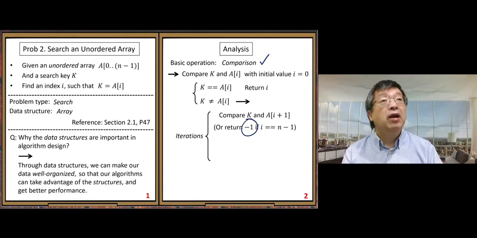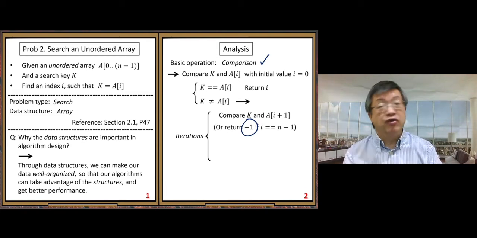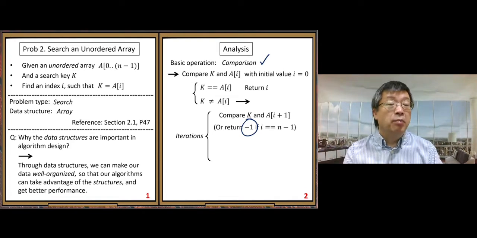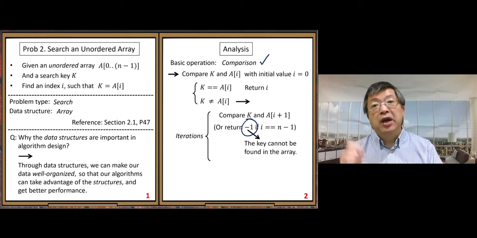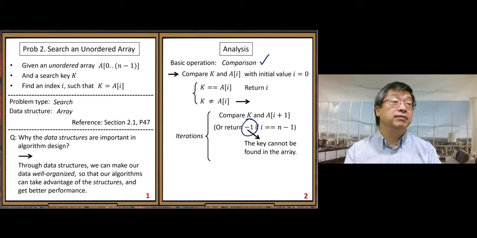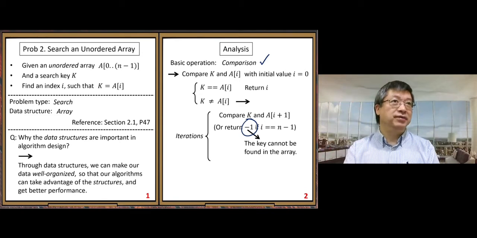Because -1 is not a number that corresponds to any index. The index has to be in the range from 0 through n-1. So -1 is out of the range, but it tells you some important information: the key cannot be found in the array. After this analysis, we cover all the possible cases. So we find a solution.